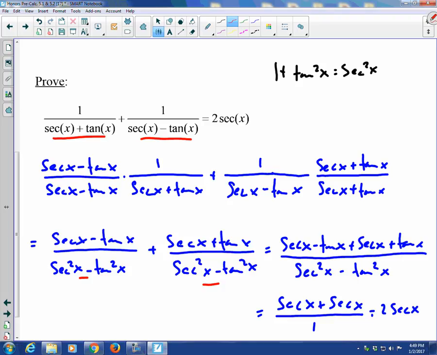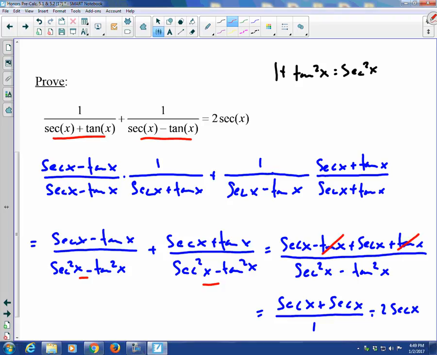So we've got secant x minus tan x plus secant x plus tan x over secant squared x minus tan squared x. Right here, in our numerators, we can see our minus tan x canceling with our plus tan x.